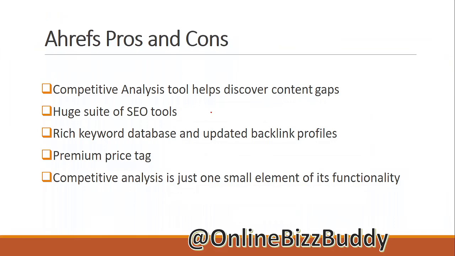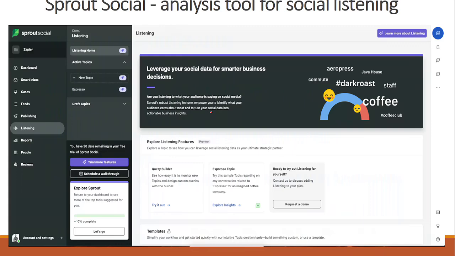It helps discover content gaps, offers a huge suite of search engine optimization tools, and gives rich keyword databases and updated backlink profiles. It's not free, so there's a premium price tag, and of course competitor analysis is just one small functionality. So those are the pros and cons.